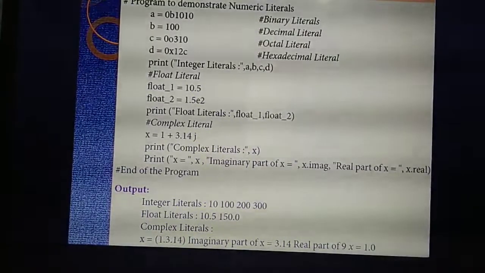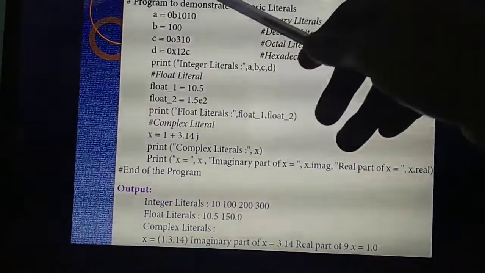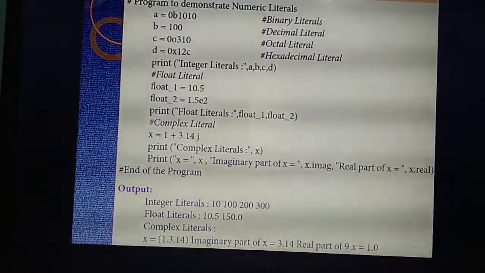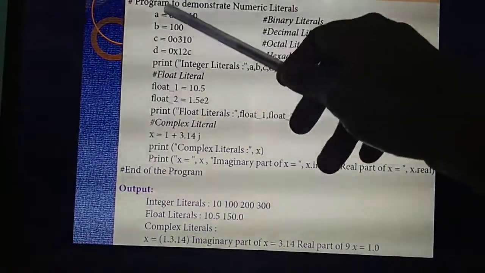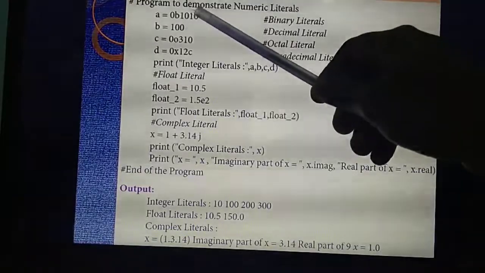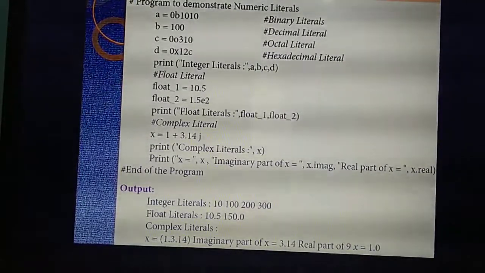For that they have given one example program for you. Listen. Yesterday I explained this program; once more I am explaining. Here they are declaring 4 variables. What are the variable names? A, B, C and D. See the first number. The first number is a combination of ones and 0.